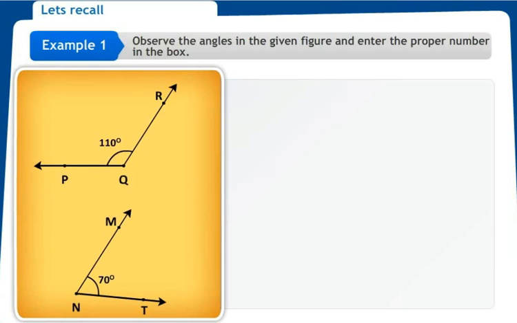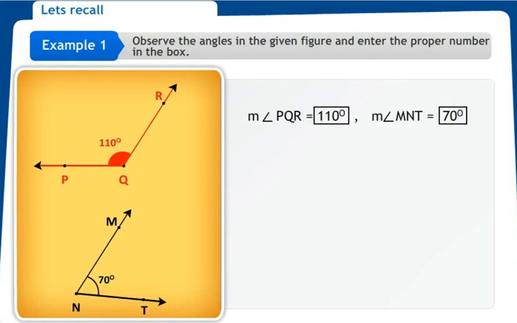The second angle is angle MNT, and it is given that the measure of angle MNT is 70 degrees.